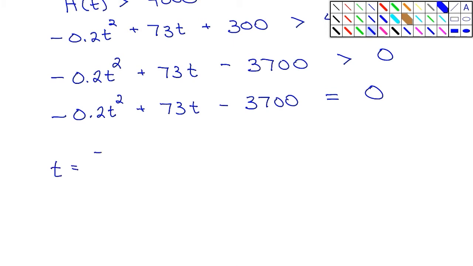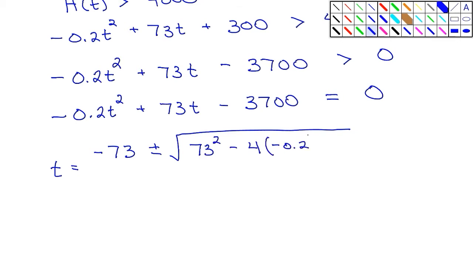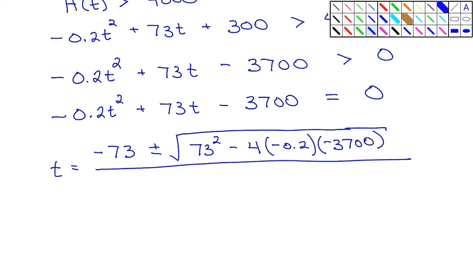The quadratic formula tells me that t is equal to negative 73 plus or minus the square root of 73 squared minus 4 times negative 0.2 times negative 3,700, all divided by 2 times negative 0.2.